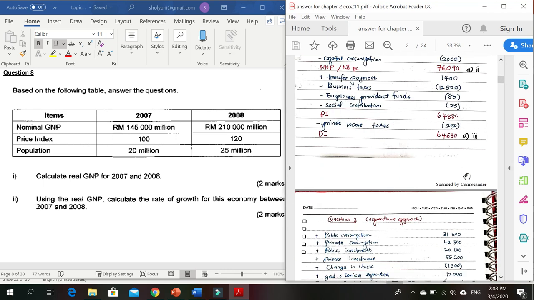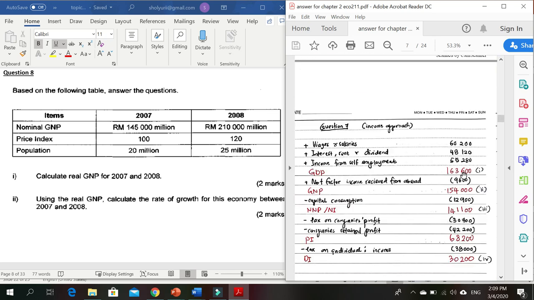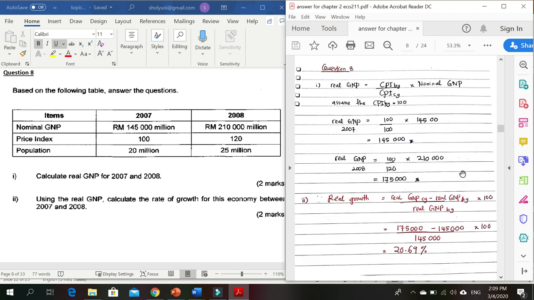Question 8. See here, it says calculate real GNP for 2007 and 2008.